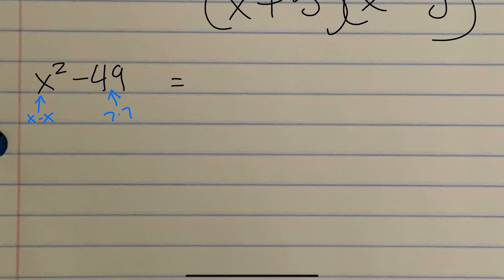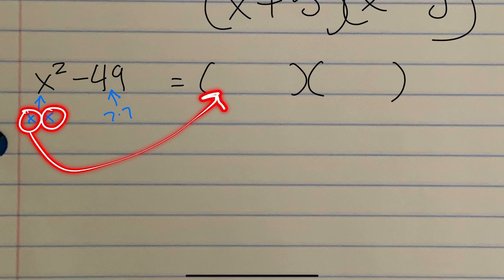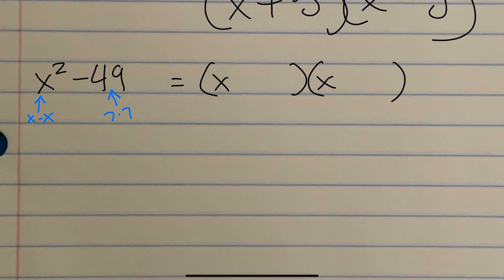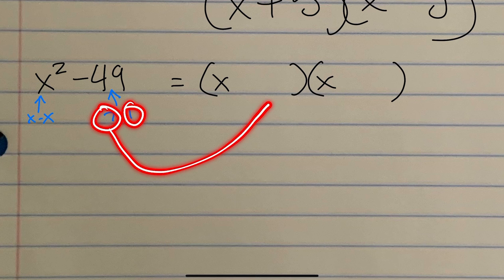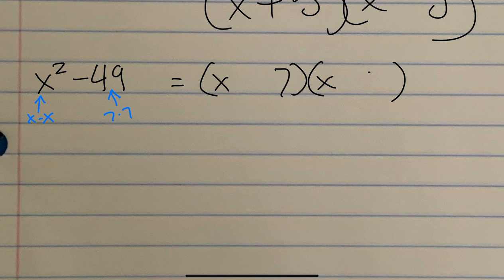So from here, I could just directly write my answer. So I have an x. Both of those are going to go inside of my parentheses, x, x. Okay, we're going to take these 7s, and we are also going to put those inside of our parentheses, right here and right here. Okay, now we just need one to have a plus and one to have a minus, and we're done. That is the end of the problem. That is our answer.